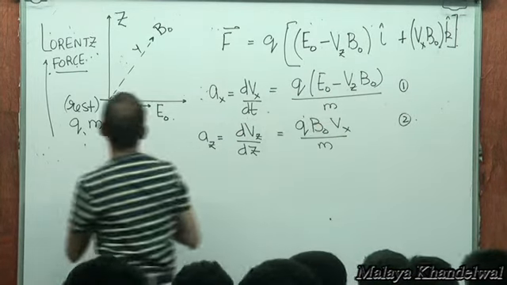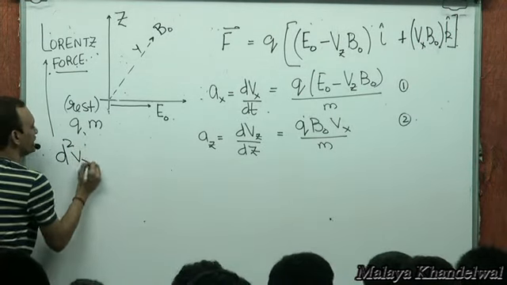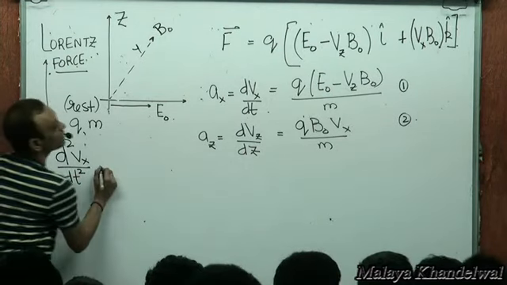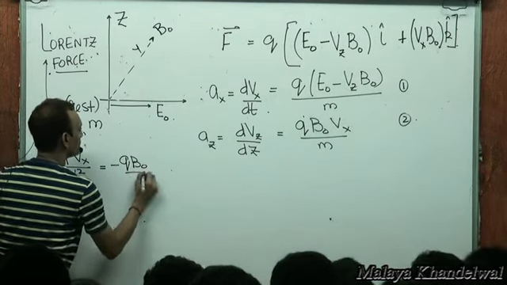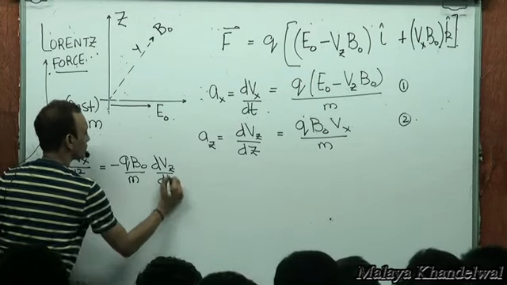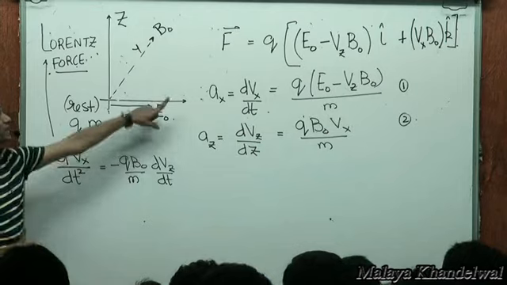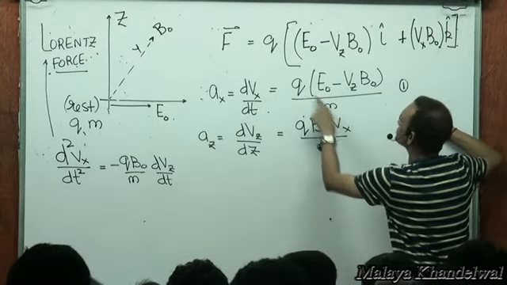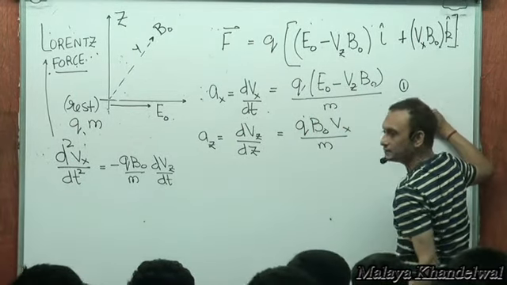When I differentiate equation 1 with respect to time, I get d2 Vx dt2 equals minus qB naught by m dvz dt. qE naught by m is constant, so minus qB naught by m dvz dt is what I get, right?